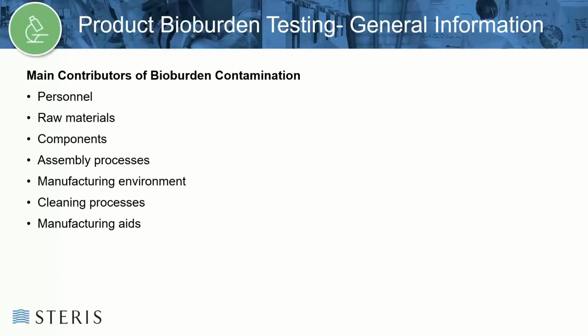Cleaning processes or poor cleaning practices can affect bioburden. Manufacturing aids such as water used in a manufacturing process. To control bioburden on a product, the microbial impact from these sources should be assessed and understood.